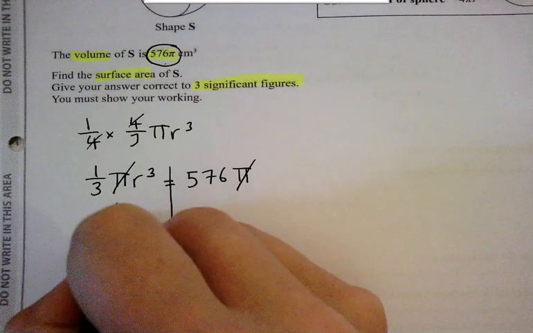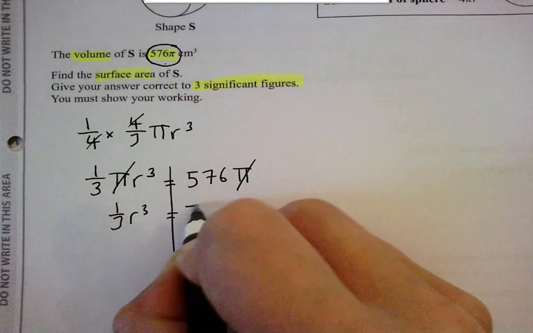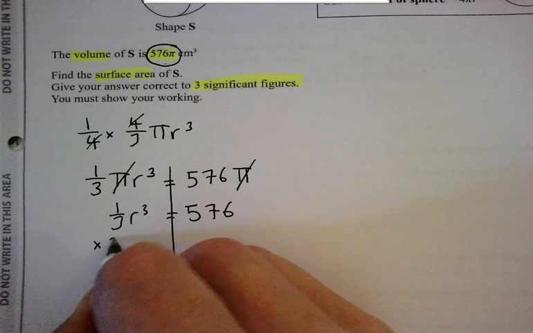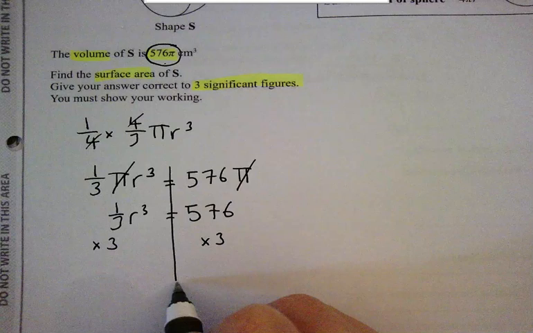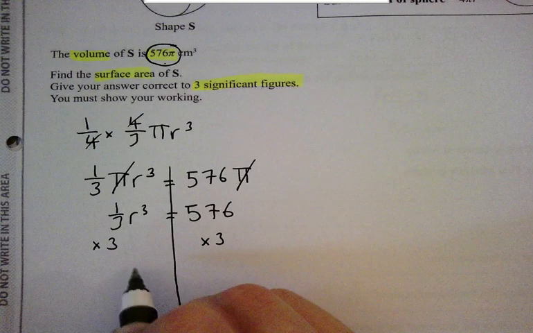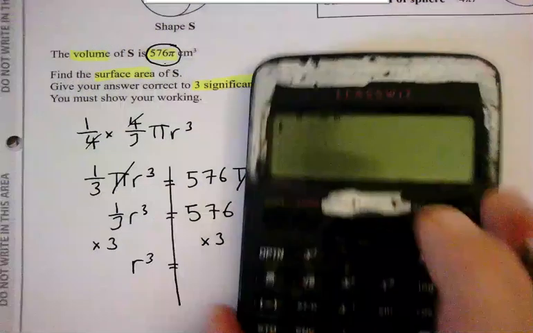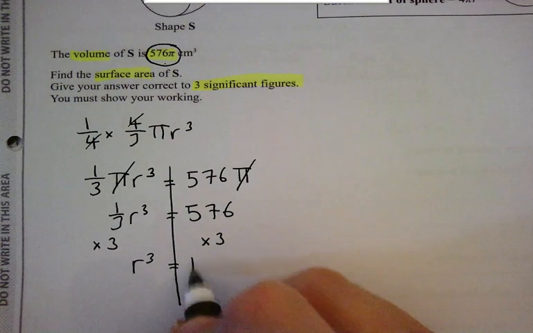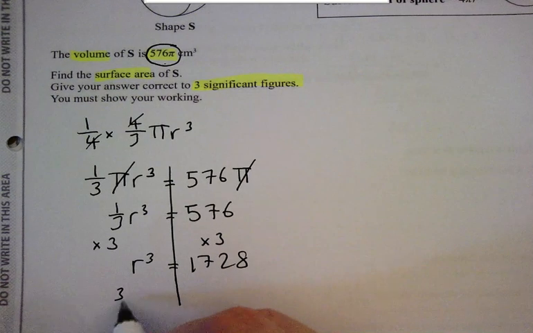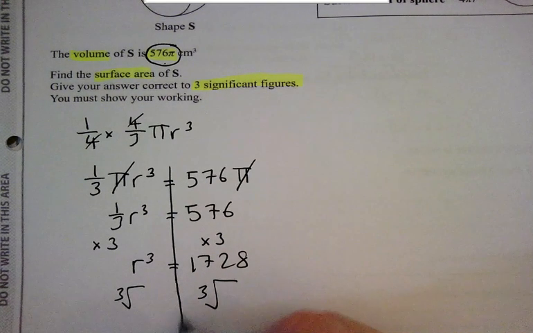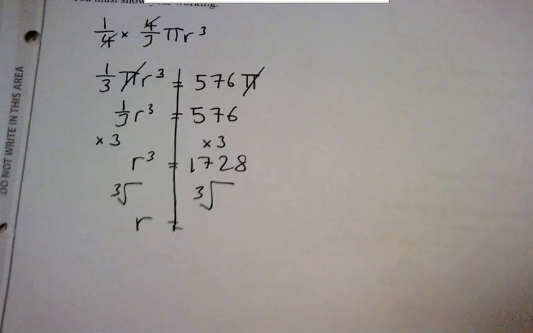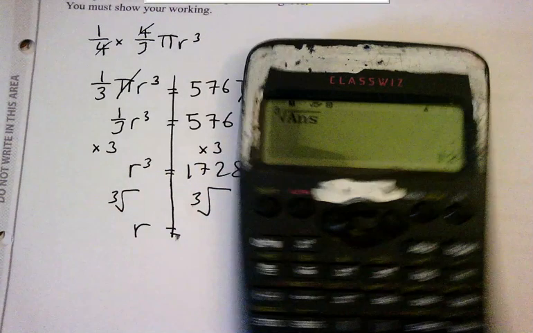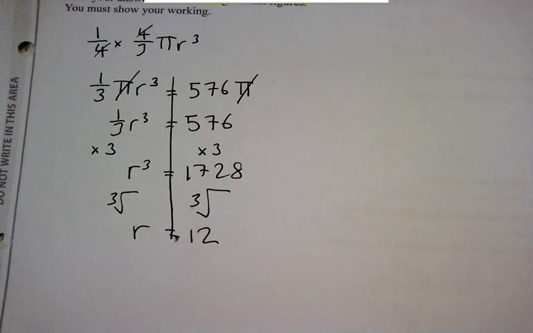So I've got 1/3 r cubed equals 576, I'm now going to get rid of the third by timesing by 3, or dividing by a third, same as timesing by 3, so r cubed equals 1728, and then cube rooting, so r is equal to 12. Nice whole number, that makes me feel good.